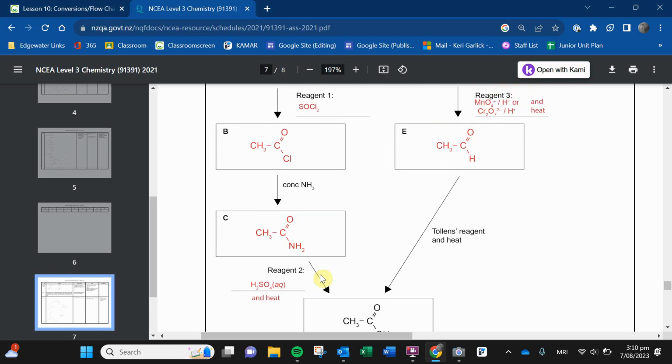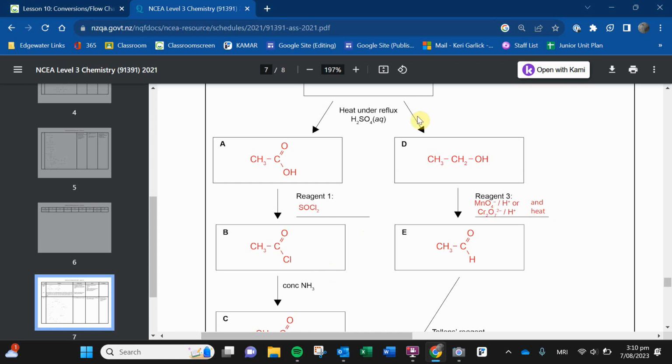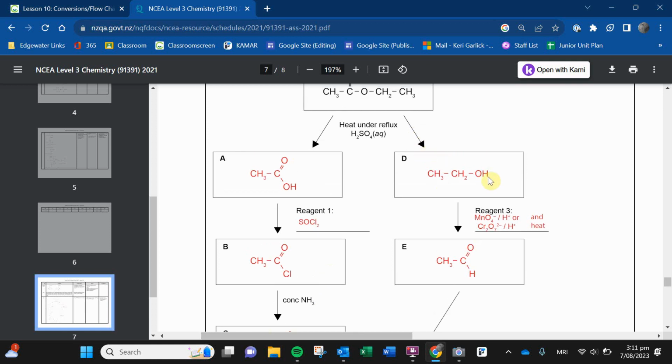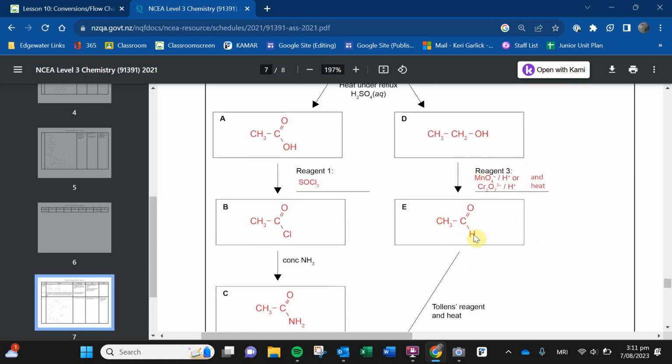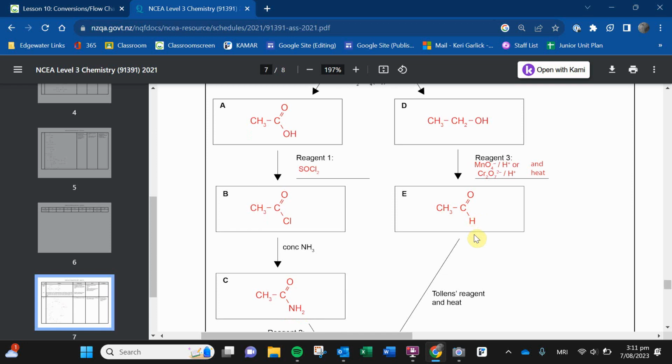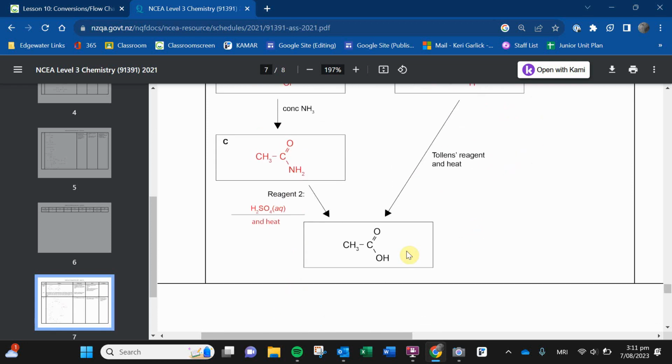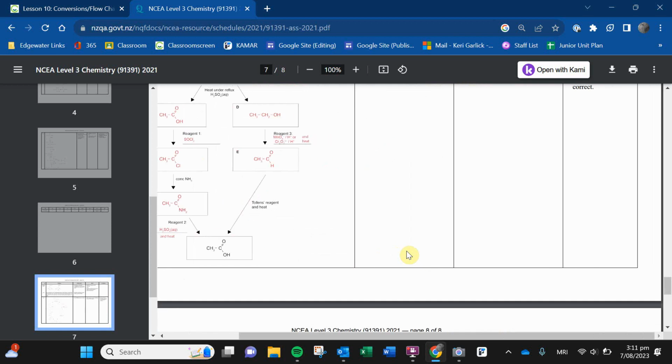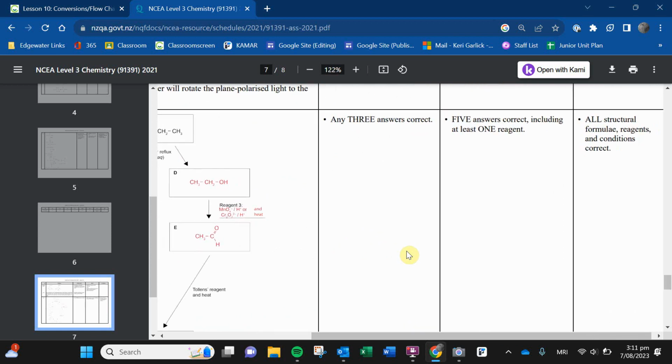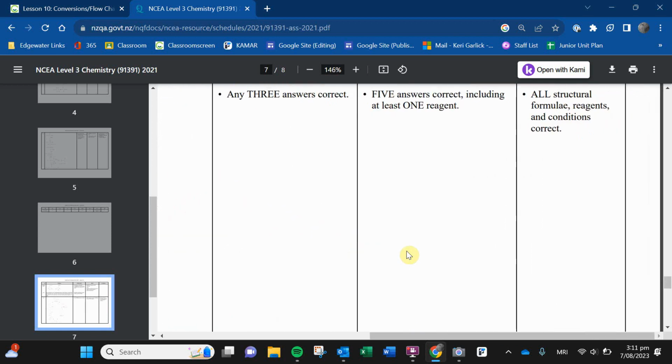All right. The other side was the easier side because you're going from primary alcohol to an aldehyde and then aldehyde to carboxylic acid. Now, here's the thing. Those things are tricky, but my goodness, they are so easy to get points if you know what you're doing.